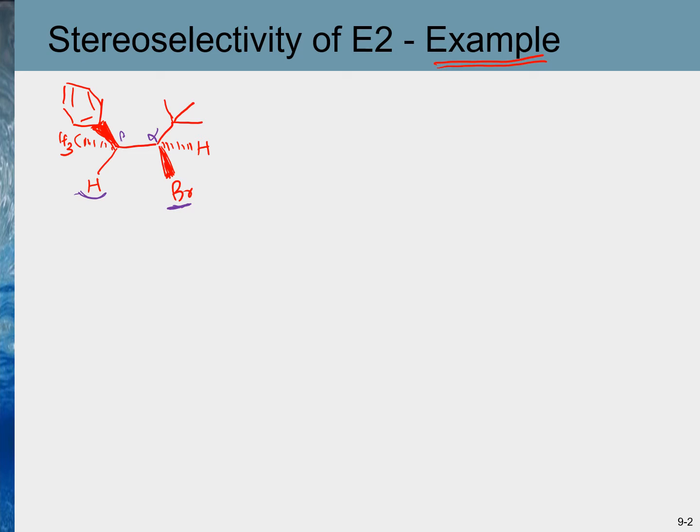So in this case, if the elimination reaction takes place, the leaving group and the proton should be eliminated if we ignore the stereochemistry for now. So we know that these two should be eliminated. Then the product will be a hydrocarbon with a double bond between the alpha and beta carbon, which is here.